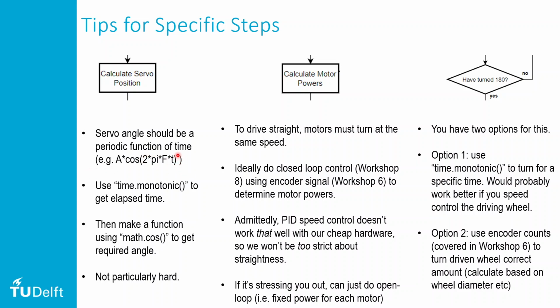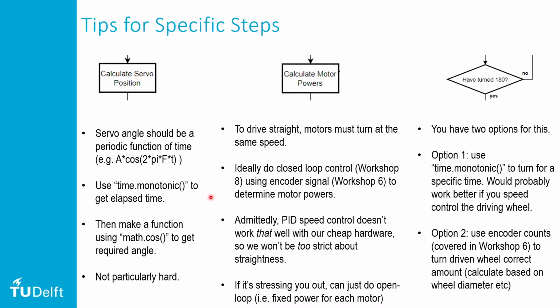Whatever function you use, notice that time is going to need to be in that, because that's how you're going to get the servo to go from left to right at a consistent pace. So you're going to need to use a module in CircuitPython that we're going to use in all of the workshops. The time module, one of its functions is monotonic.